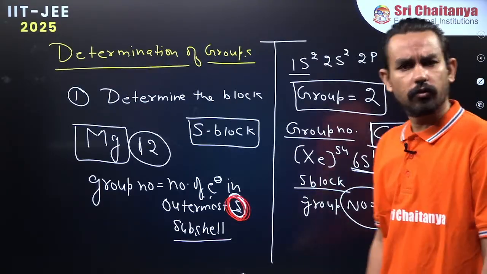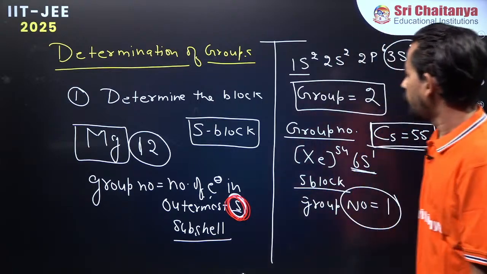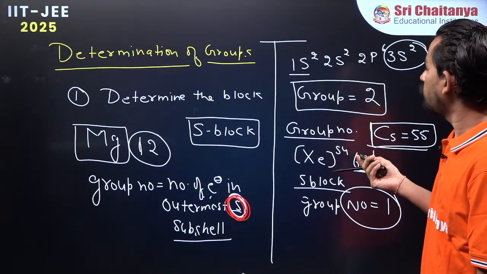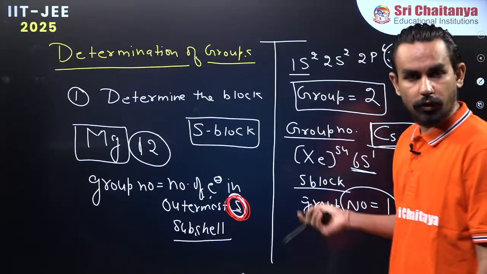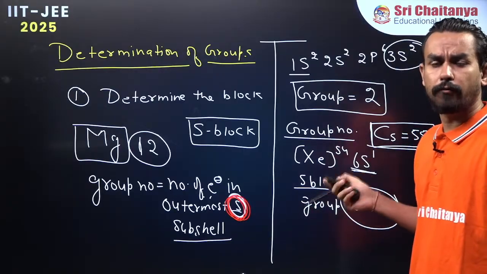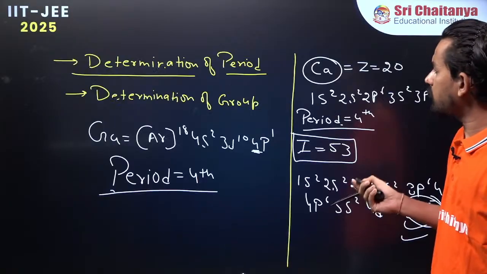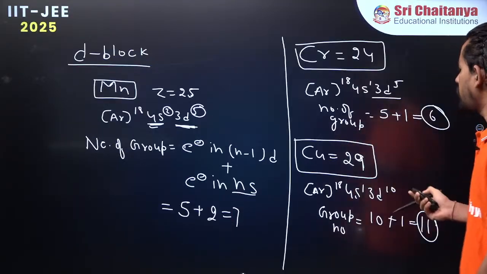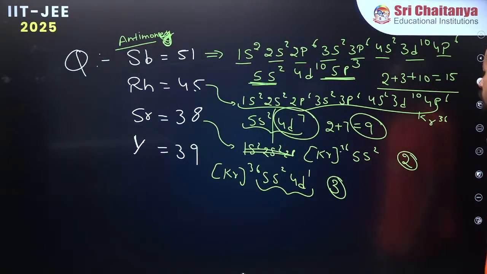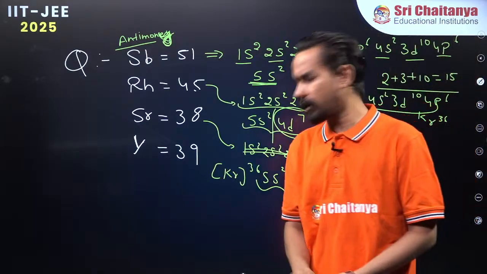For all the given questions, I will be very thankful if you try to solve them. Whichever questions are given for groups, try to find their periods, and whichever are given for periods, find their groups. That would be very helpful for you, and you will be learning by that.